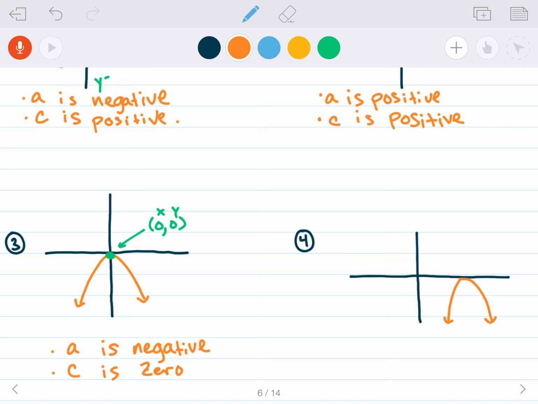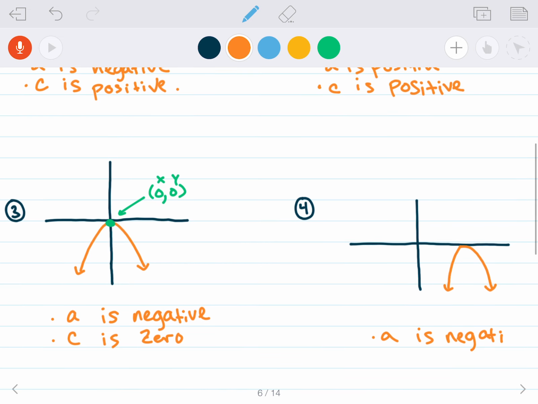Okay. Let's look at this last one. So we can see that we are frowning, and so we have A is negative again. And C is our y-intercept. Now, even though we can't see it crossing the y-axis, we know what it's going to do because of these arrows that quadratic functions have.